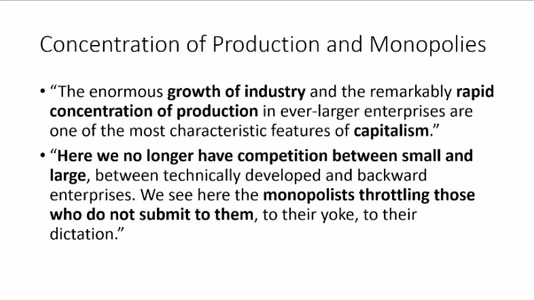So again, I kind of alluded to this a minute ago, but it bears repeating, right? One of the biggest differences between when Marx was writing and when Lenin was writing is that monopolies have formed since then. And obviously, Marx knew what monopolies were. There were still some around.